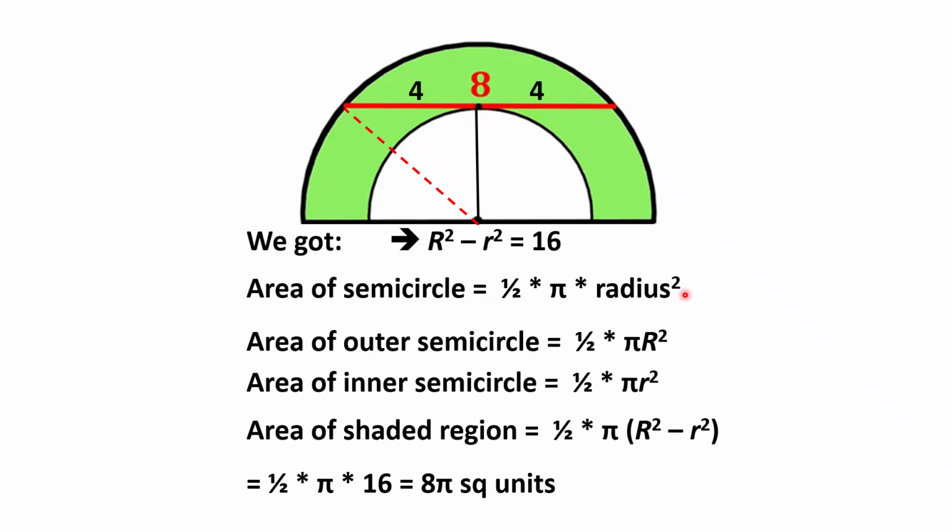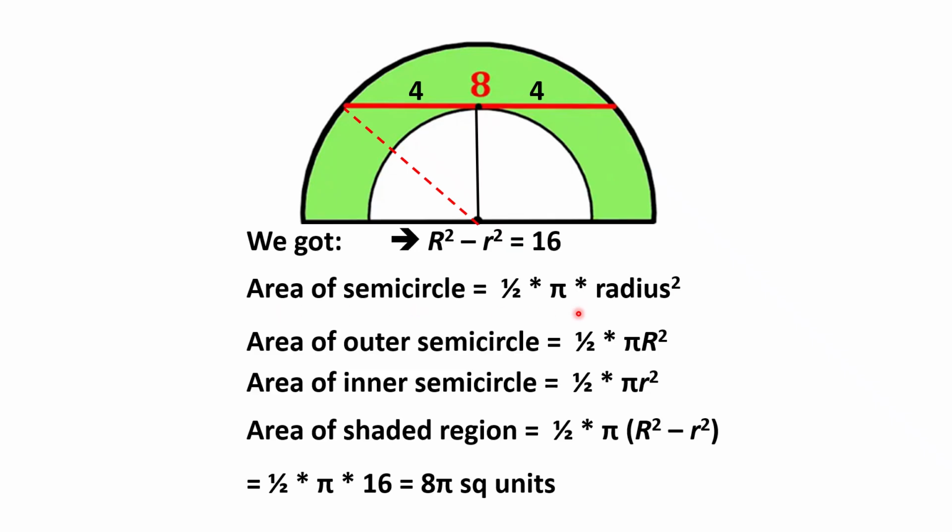So the area of the inner semicircle, the smaller one, would be half into pi into small r square, and the area of the outer semicircle, the bigger one, will be half into pi into capital R square.